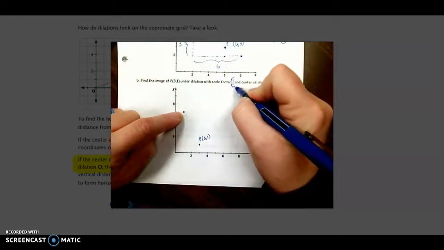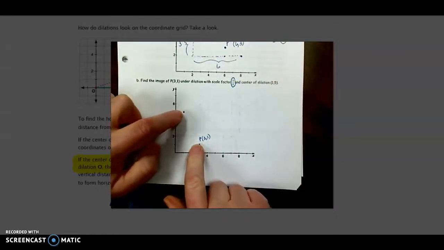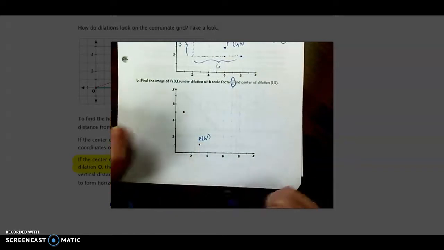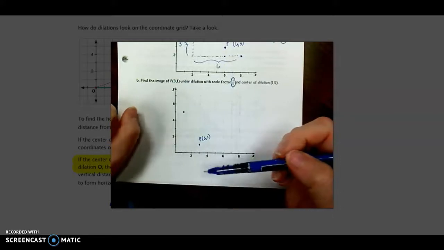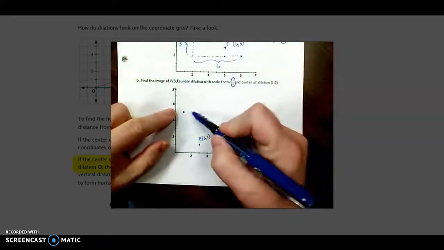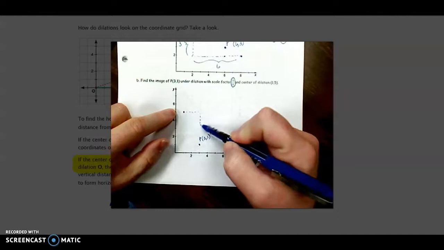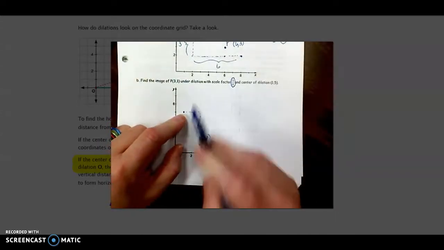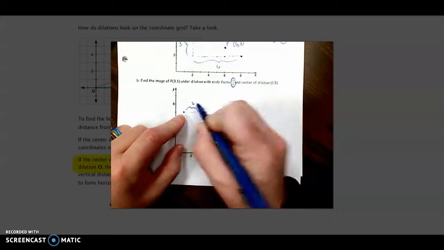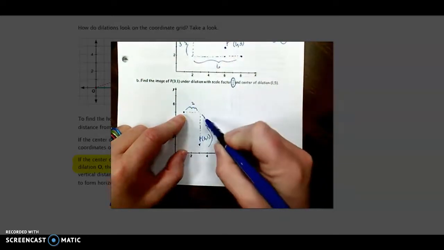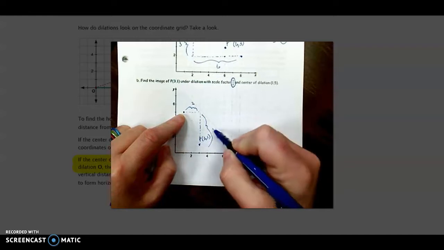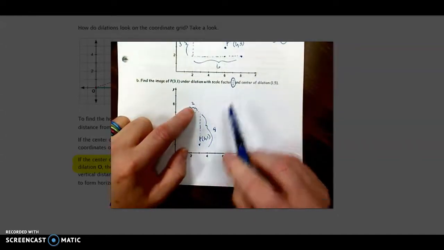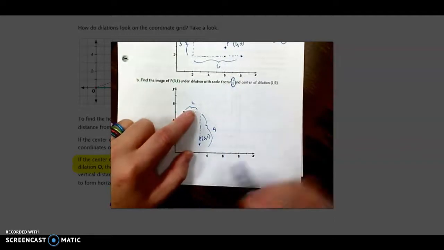So again, I know that P prime is going to be closer to the center of dilation than my pre-image point was. And so I'm going to look at that horizontal and vertical distance from the center of dilation to my pre-image point. So I went to the right 1, 2 units horizontally, and I went down vertically 1, 2, 3, 4 units. So I'm going to take those distances and multiply them by my scale factor.